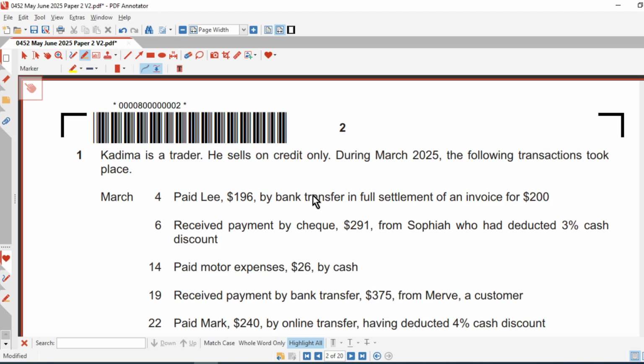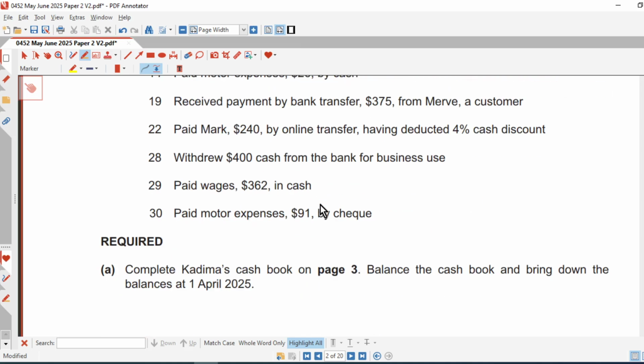Most of the time you see a cash book, which is what we have right here, or sometimes a petty cash book, and on rare occasions perhaps a sales journal, purchases journal, or even the returns journal. But we're going to look into a cash book question here. This is what question 1 is all about.